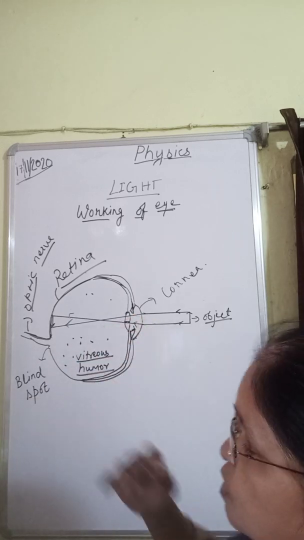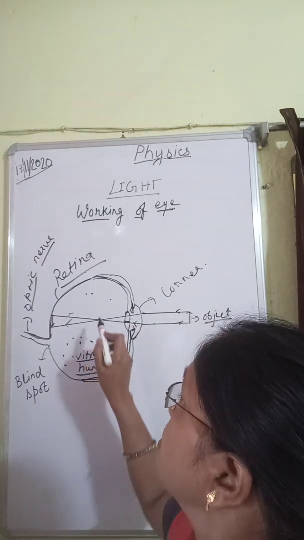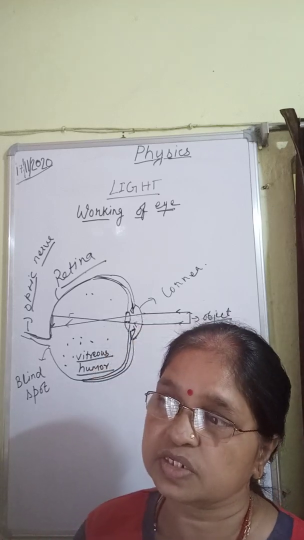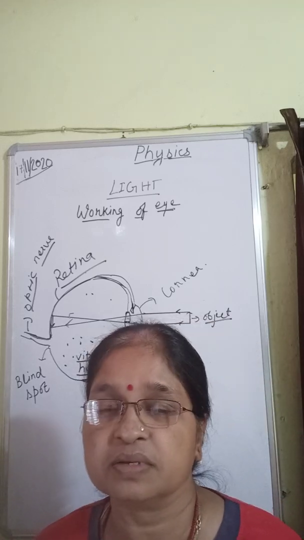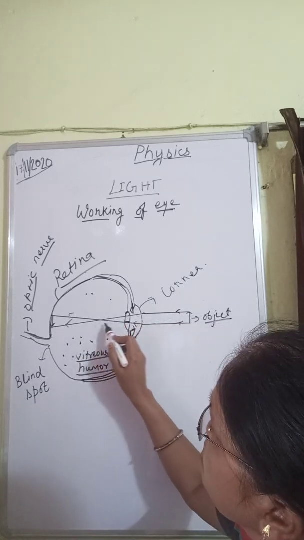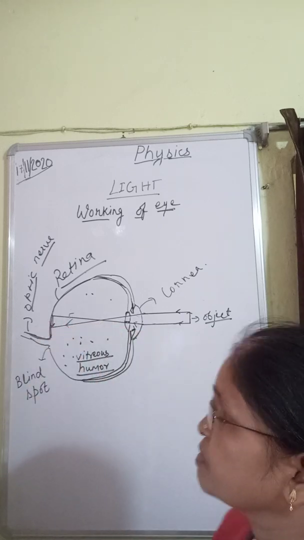When it comes out from the convex lens, there is a jelly-like fluid, the vitreous humor. The medium changes again, refraction takes place, and it bends from its path and falls on the retina.